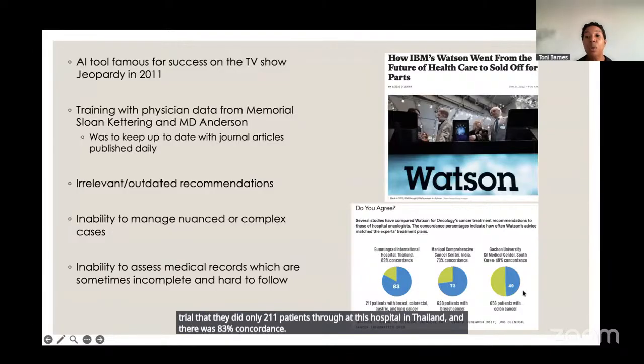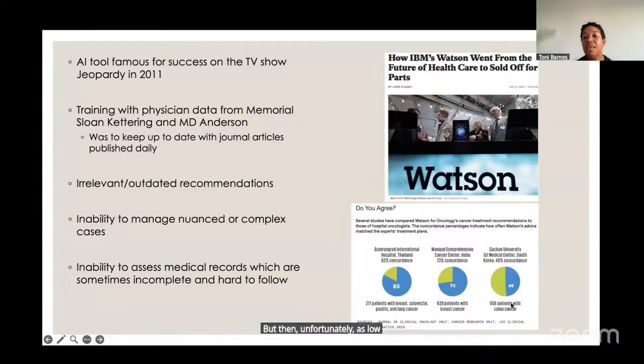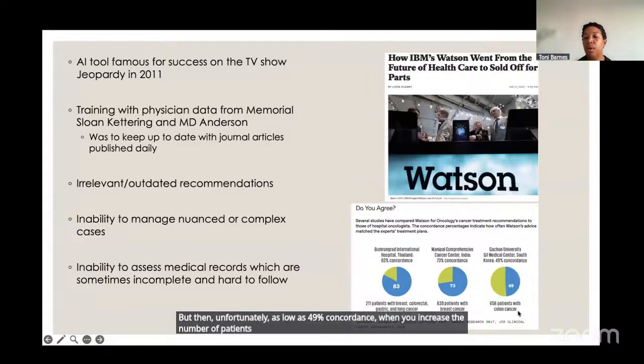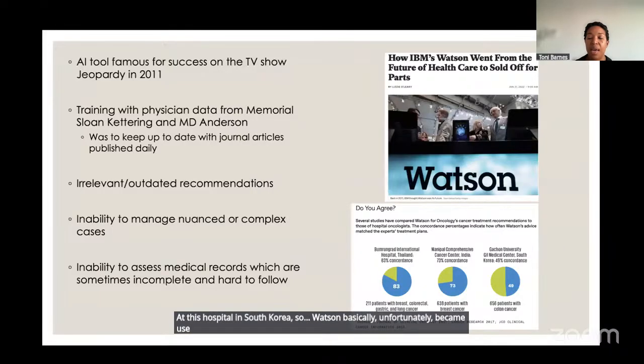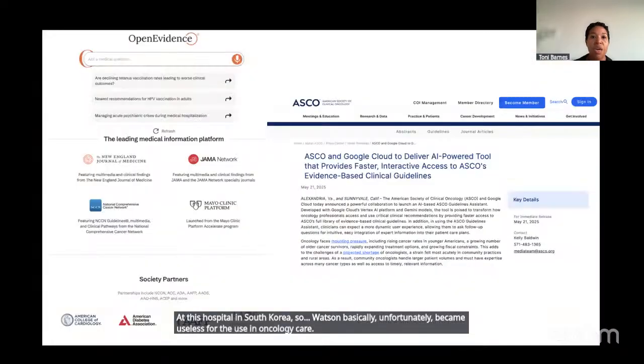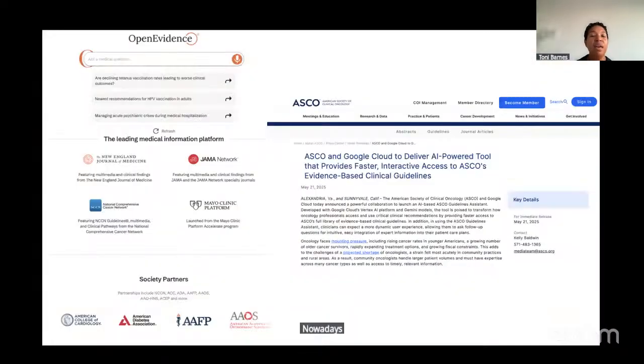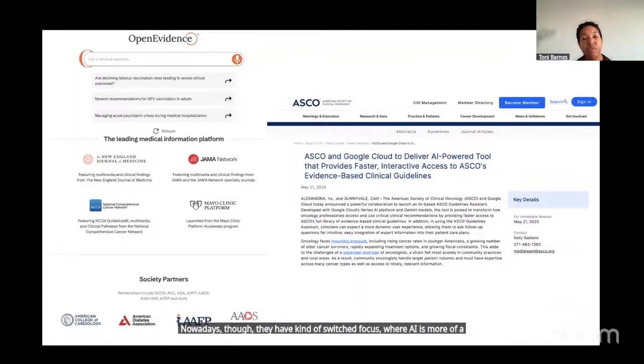But then, unfortunately, as low as 49% concordance when you increase the number of patients, and they focused only on colon cancer at this hospital in South Korea. So Watson basically, unfortunately, became useless for the use in oncology care. Nowadays, though, they have kind of switched focus where AI is more of a helpful tool for an oncologist.